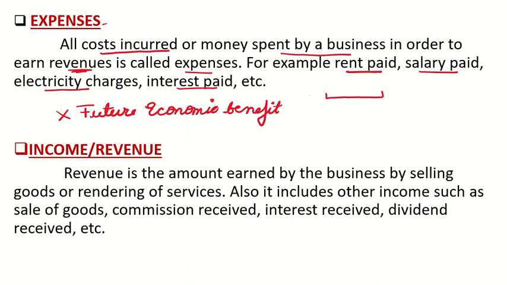At the end of the month we pay the rent, which means we have taken the benefit in the past and now we are paying for that. That is known as an expense. Now salaries. We have taken the benefit from the employees for a particular month. We made them work for a month, and at the end of the month we are paying them the salary. So in the past we have taken the benefit, and we don't have future economic benefit from this. So these are known as expenses.